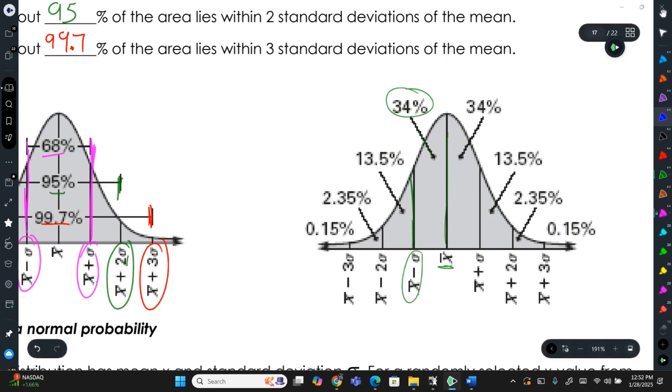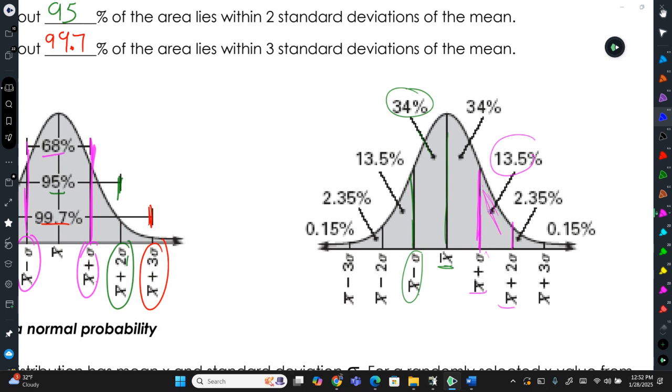What if I want just the section between one standard deviation above and two standard deviations above the mean? What if I just want this part? Well, that part is 13.5%.